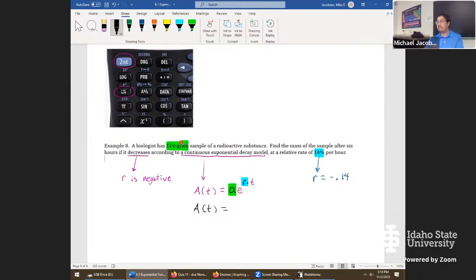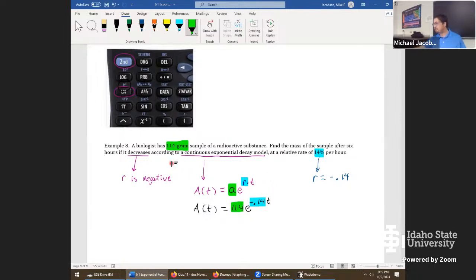I'll drop units until we give the end answers on this one. Then it's going to be the base e exponential. r here, we're going to put in as a negative 0.14. And then multiply by t for time. So that's our entire function.